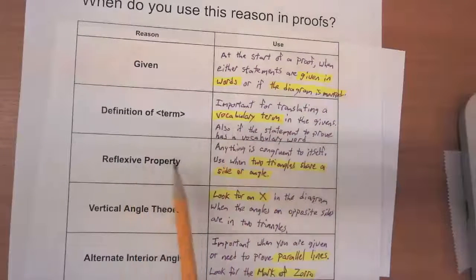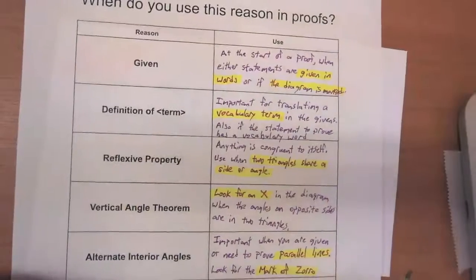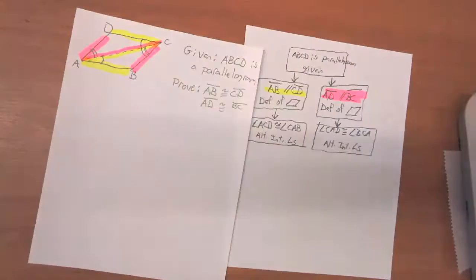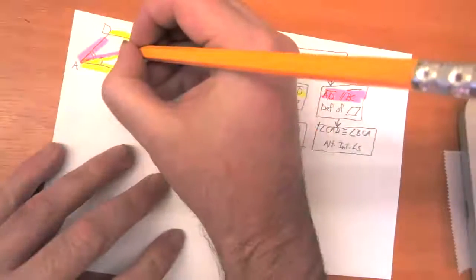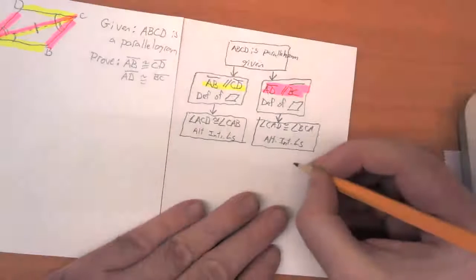For instance, what about the reflexive property? Anything is congruent to itself, and we can use this whenever two sides share a side or an angle. So do this top triangle and this bottom triangle share a side? Yeah, they share this side right here in the middle. So that's AC.